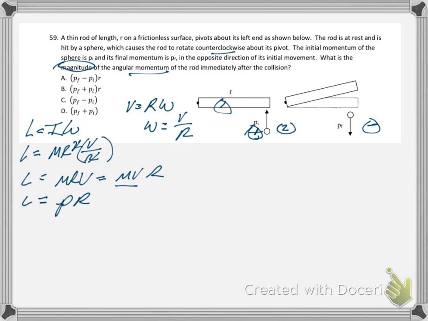So with conservation of momentum, we have our equation m1 v1 plus m2 v2 equals m1 v1 prime plus m2 v2 prime. And we're going to say initially the rod, which we're calling 1, has no momentum because it's at rest.